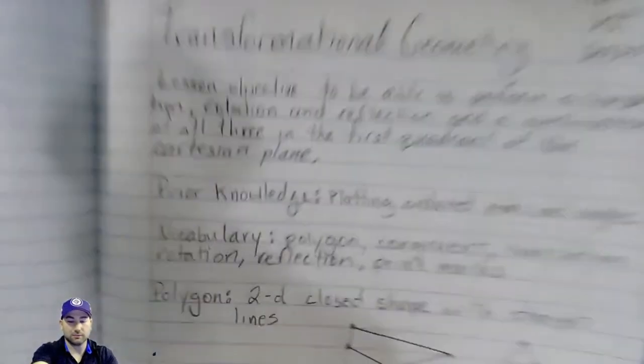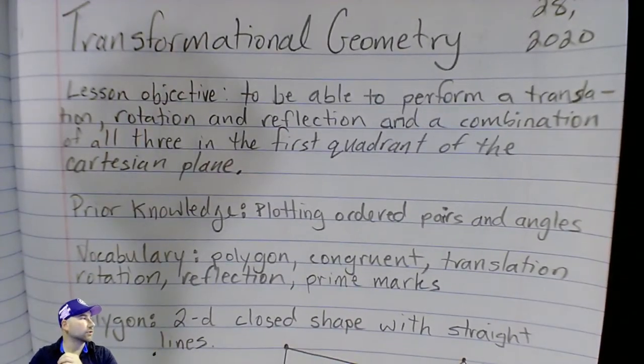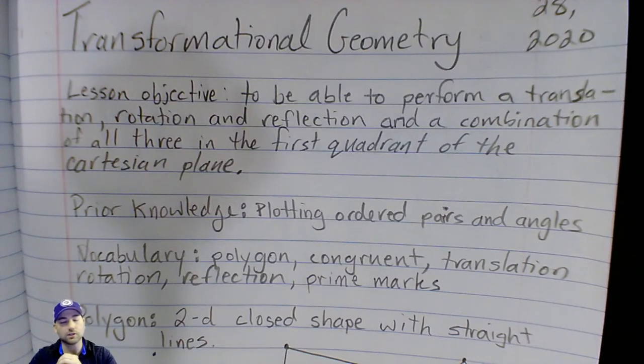So today's lesson objective is to be able to perform a translation, rotation, and reflection, and a combination of all three in the first quadrant of the Cartesian plane. That is a whole lot of information, and I'm hoping by the end of today's lesson that you will at least understand the vocabulary of transformational geometry.